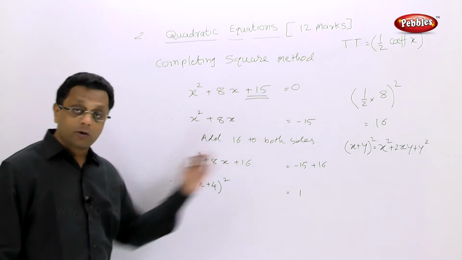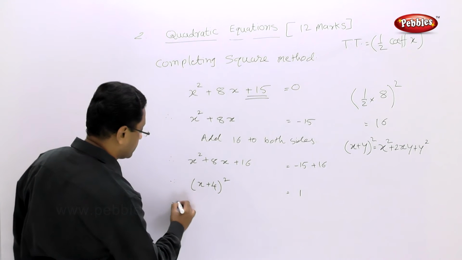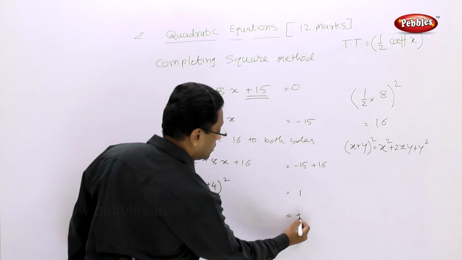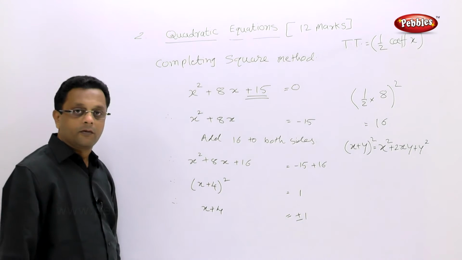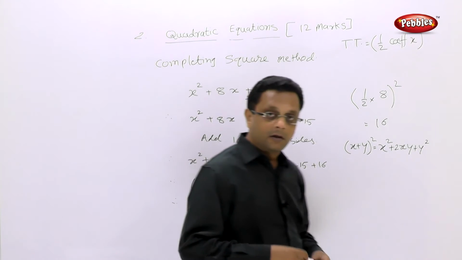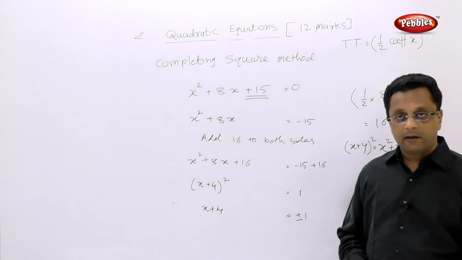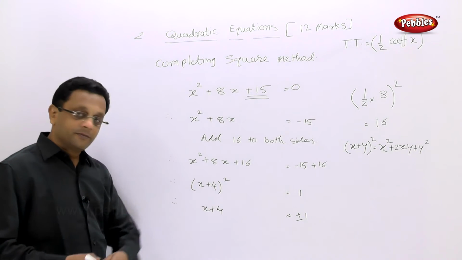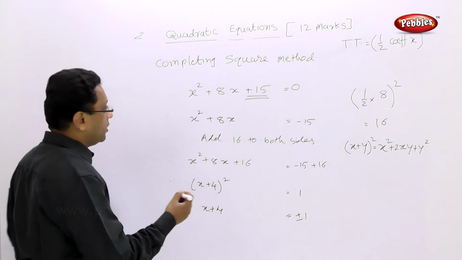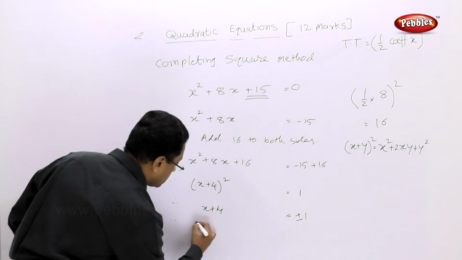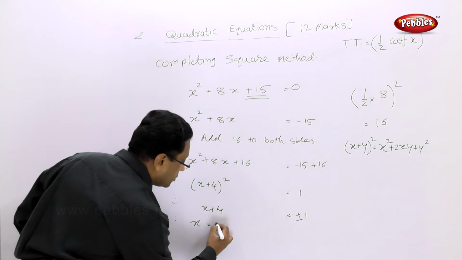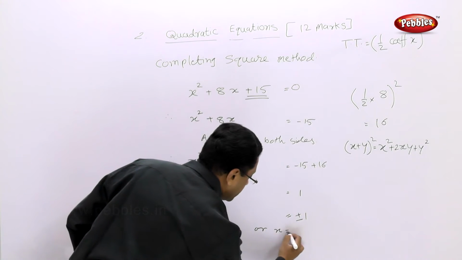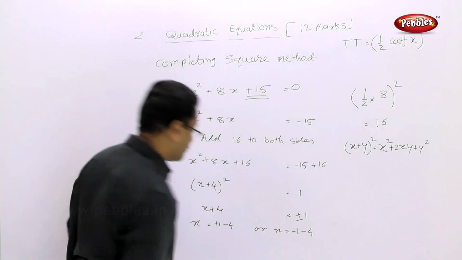By taking the square root of both the sides, what will we get? x plus 4 equal to plus minus 1, of course plus minus 1, because the square of 1 is also 1 and the square of minus 1 is also 1, right. So x will be equal to plus 1 minus 4, or x will be equal to minus 1 minus 4.